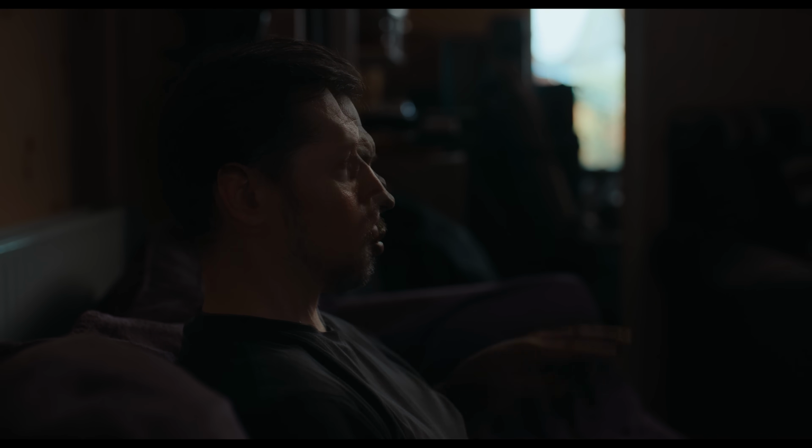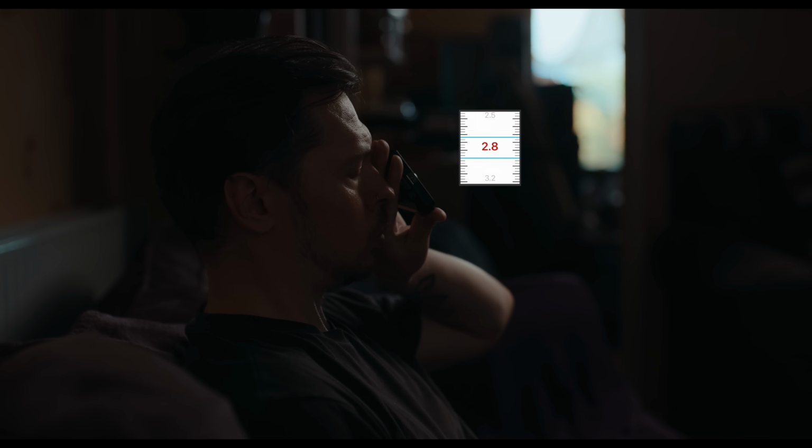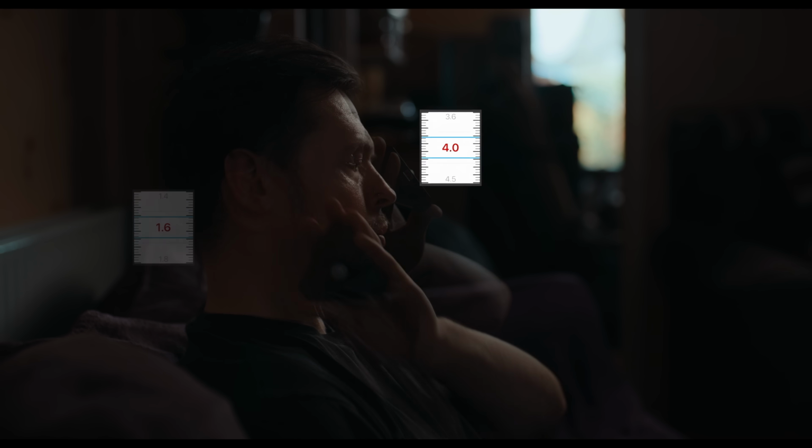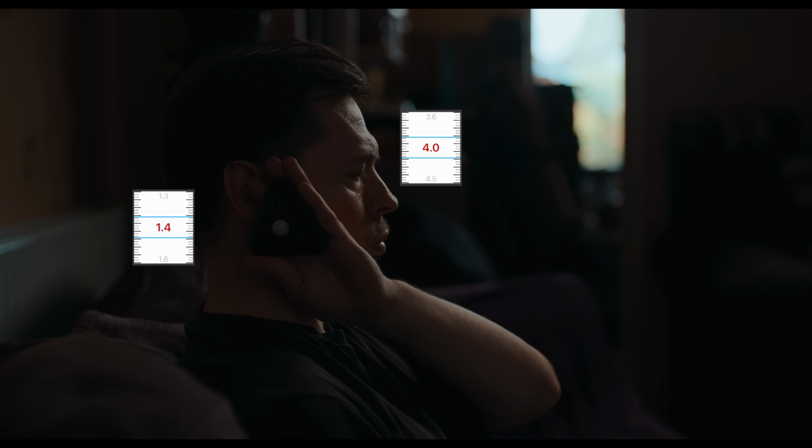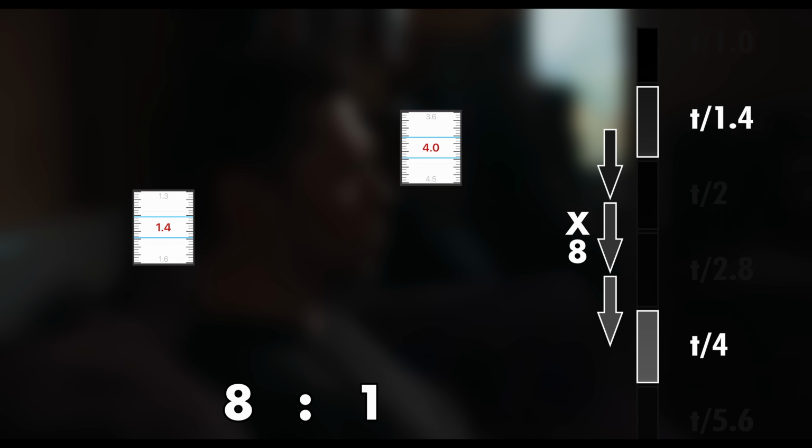So we'll reduce our fill, and measure our ratios. Again, T3.6 on the key, which will round up to T4, and on our fill side, T1.4. About a 3-stop difference, or an 8:1 ratio.